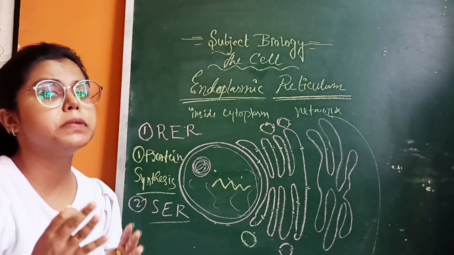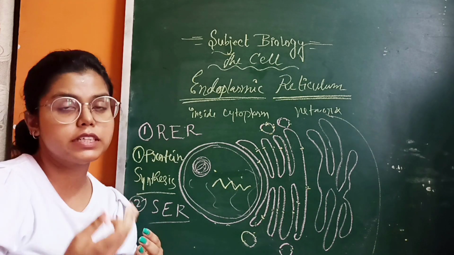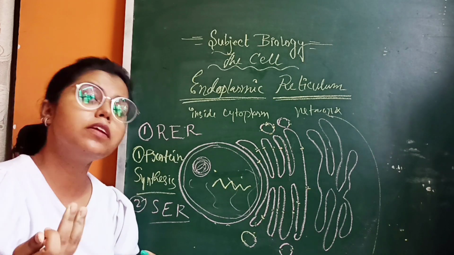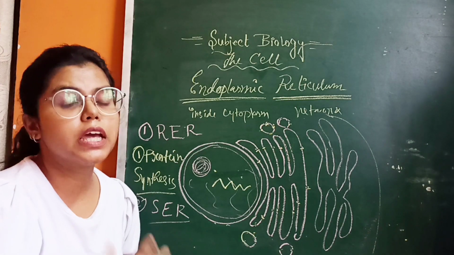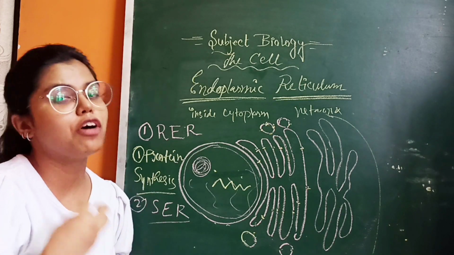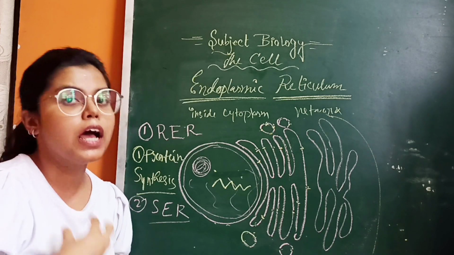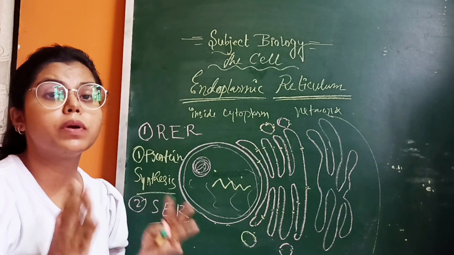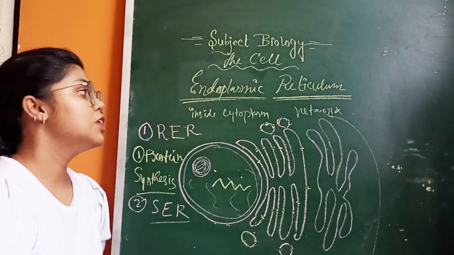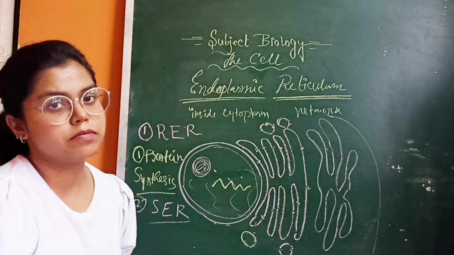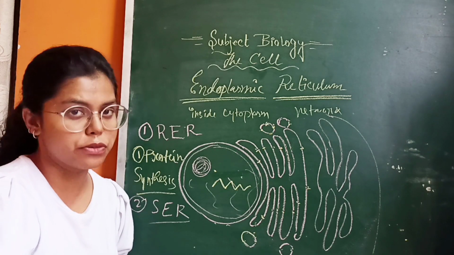The main function of RER is that it helps in translation, and SER helps in detoxification of drugs and poisons, acts as storage of calcium ions, and helps in lipid synthesis. So this is all about the endoplasmic reticulum.